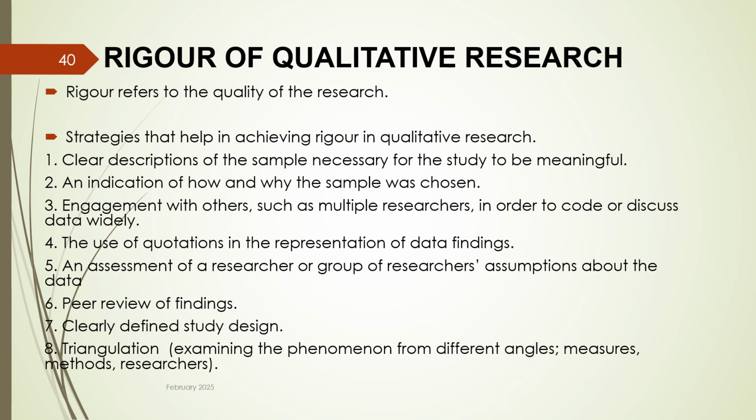So you need, in qualitative research, to be transparent in describing your methods. Who are the participants? Why did you select those participants? What is the place of conducting your study? There are several details you need to mention in your qualitative research report too, so that your study will be considered a trustworthy study.